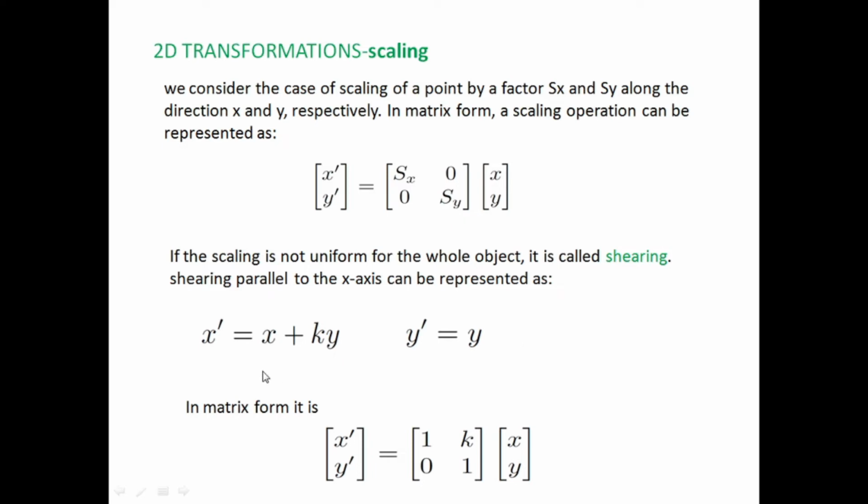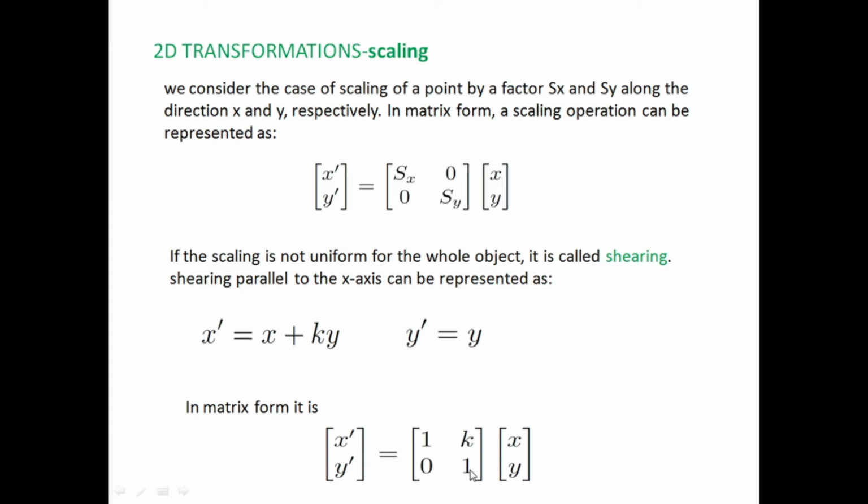The same thing I can also represent in matrix notation. How? In matrix form, x dash, y dash equal to the matrix 1 k, 0 1. This diagonal is important here.